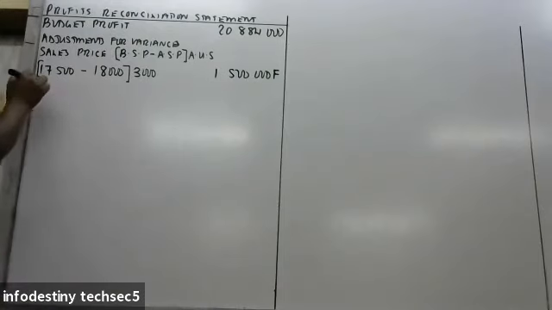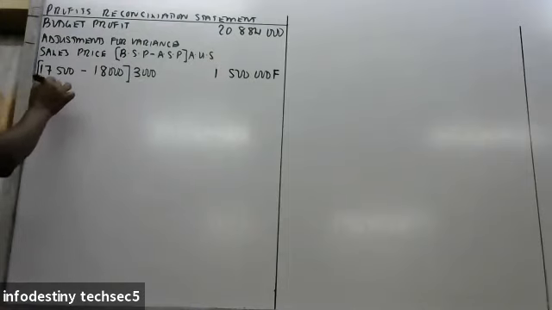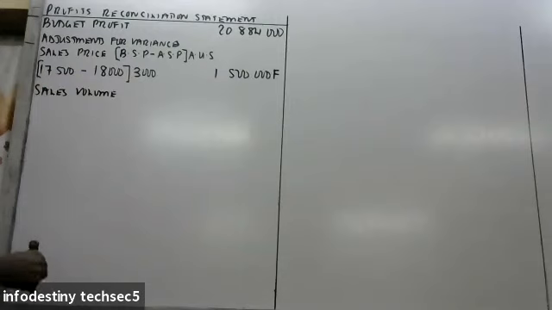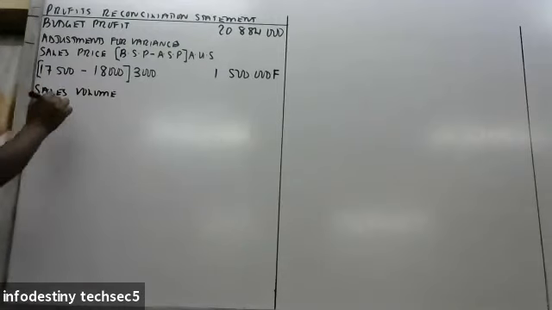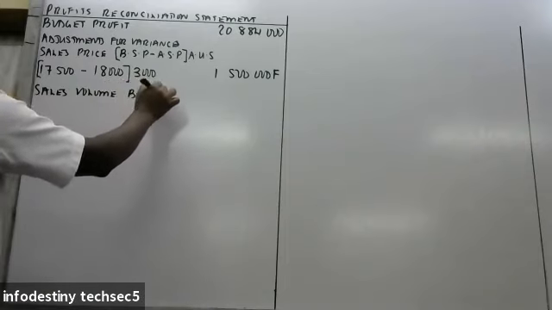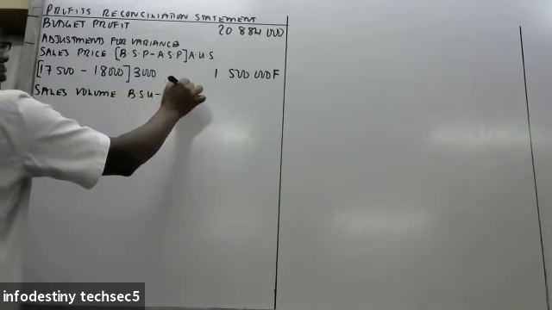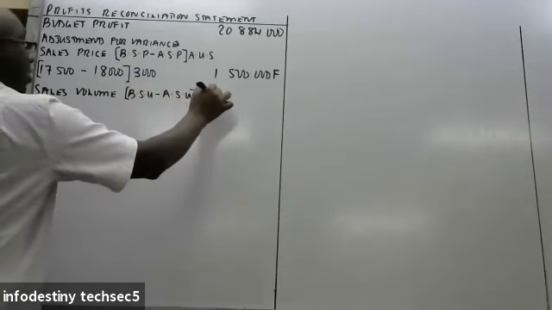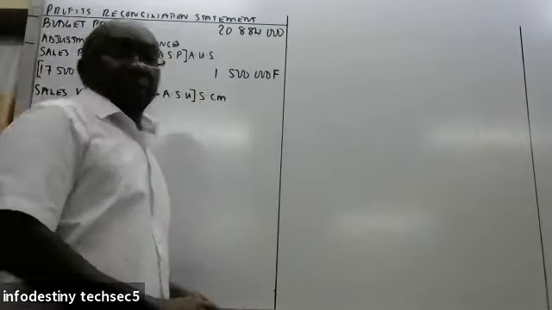The next one is sales volume. Sales volume is given as budget sales units minus actual sales units. You multiply by standard contribution margin.